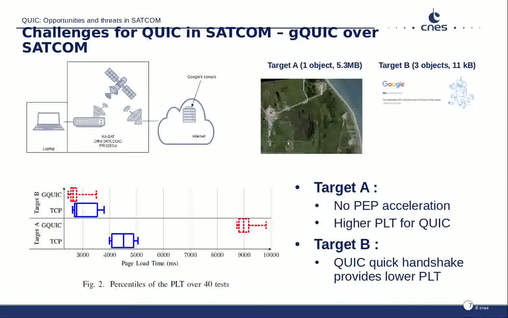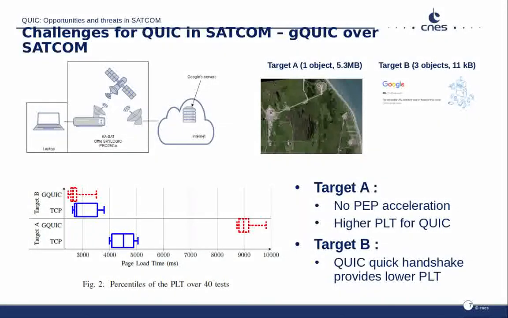In this presentation, we will start by looking at what the challenges are for QUIC in SATCOM systems. We have used a laptop connected to a KA-SAT SkyLogic offer, which is a public satellite-based internet access, and we download two targets that are located in Google servers, target A and target B. Target A is a large object, target B is composed of three small objects.